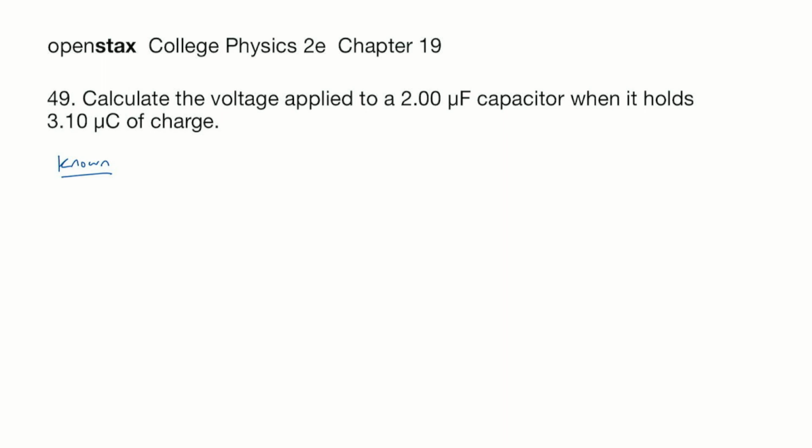We know the capacitance is 2.00 microfarads. We know the charge Q is 3.10 microcoulombs. And we need to find the voltage that's applied. Note, this is a potential difference. It's customary to use V instead of delta V.